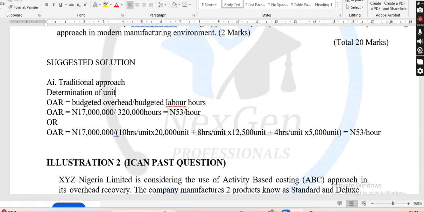This is the determination of unit costs, right? There are two approaches to this though, but it doesn't matter. Let's move on. Determination of unit cost is the first one.